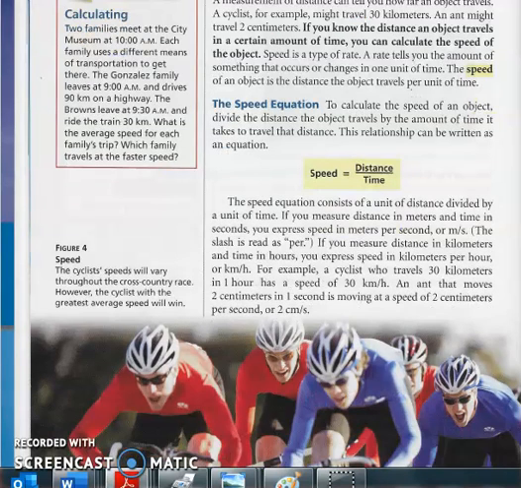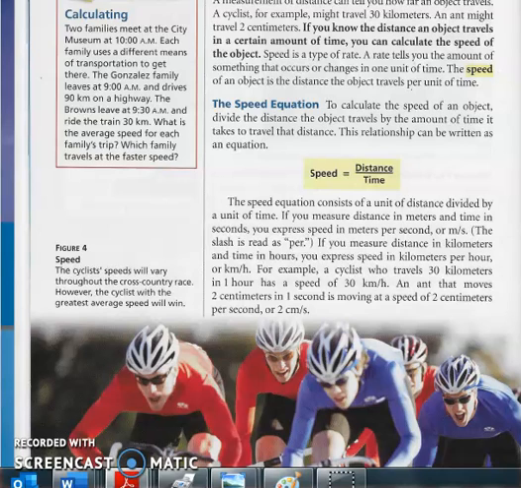The speed equation consists of a unit of distance divided by a unit of time. If you measure distance in meters and time in seconds, you express speed in meters per second, or m/s. We would say that is meters per second because the slash is read as per.